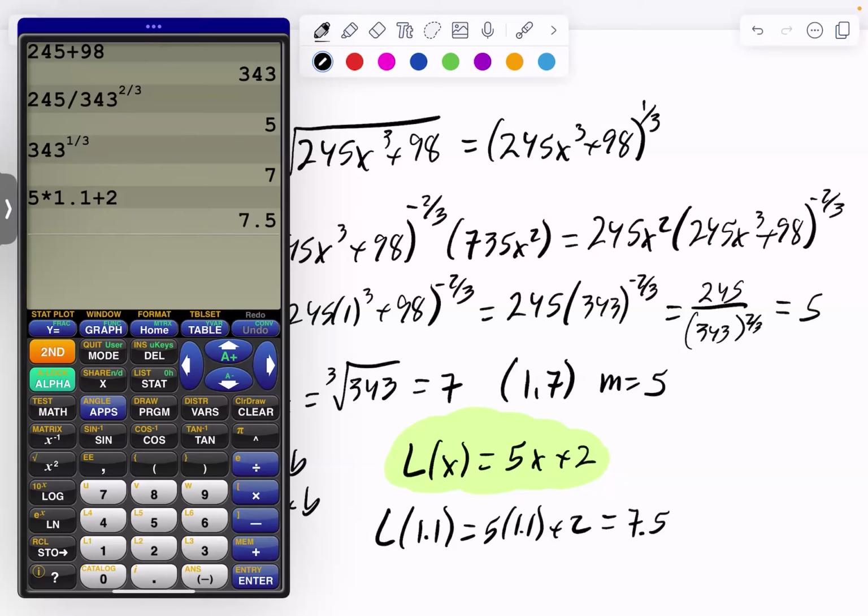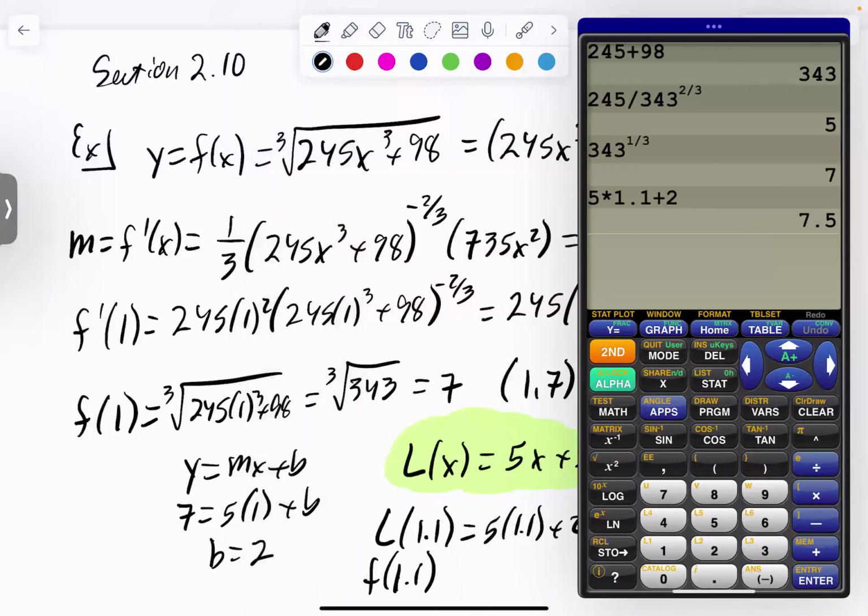And we know that f of 1.1 is going to be, so let's go back to our original function. So we're going to do 245 times 1.1 raised to the 3rd power plus 98.